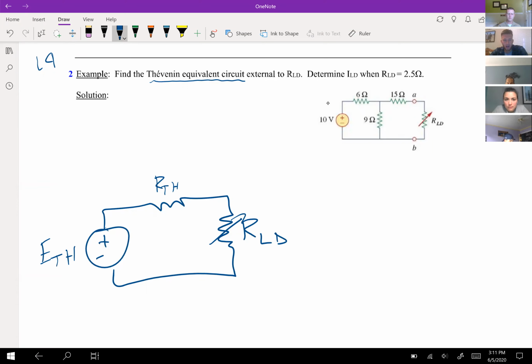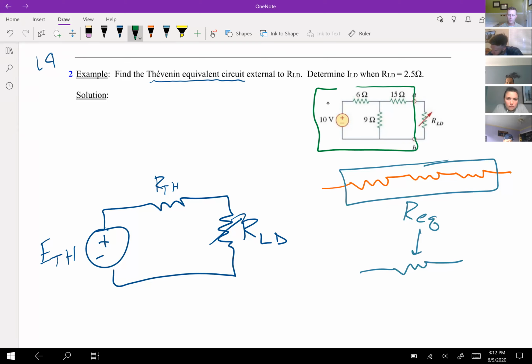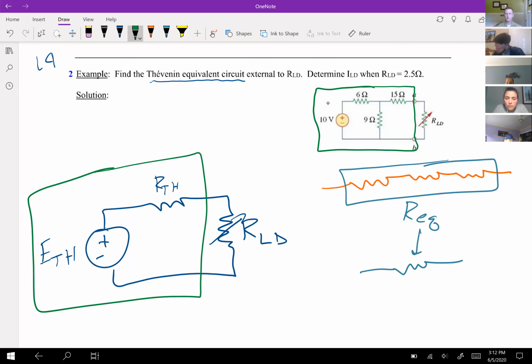And so a couple ways to think about what it means to say a Thevenin equivalent circuit. So far, if we had resistors, say these were all in a series, and you wanted to put them in a box and say that all 3 of these together make some equivalent resistance that can be modeled like that, right? I take that same idea and put everything inside of this green box between A and B, and it's an equivalent.